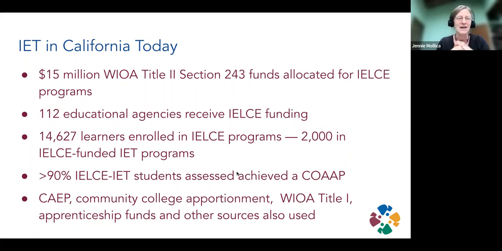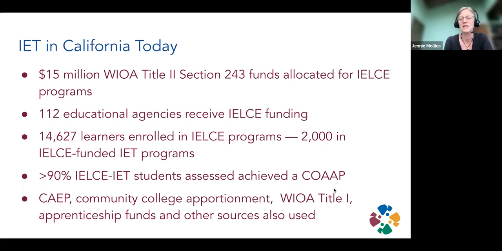There are over 14,000 learners enrolled in IELCE programs in California. 2,000 of them are specifically in complete IET programs. Others are enrolled in a piece of those, or one of the elements, and might not be fully enrolled. But we have many of these students receiving COAPs, which are civic objective and additional assessment plans.